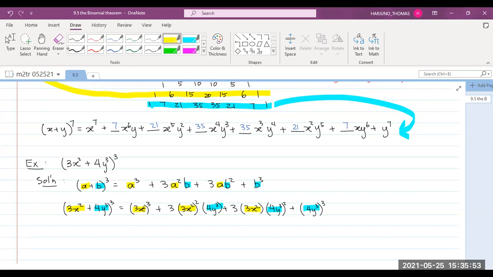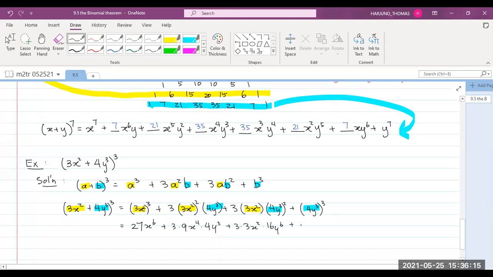Well, anyway, now of course I'm not done yet, but everything after this is just simplification. This will be 27x to the 6 plus 3 times 9x to the 4th times 4y cubed plus 3 times 3x squared times 16y to the 6th plus 64y to the 9th.